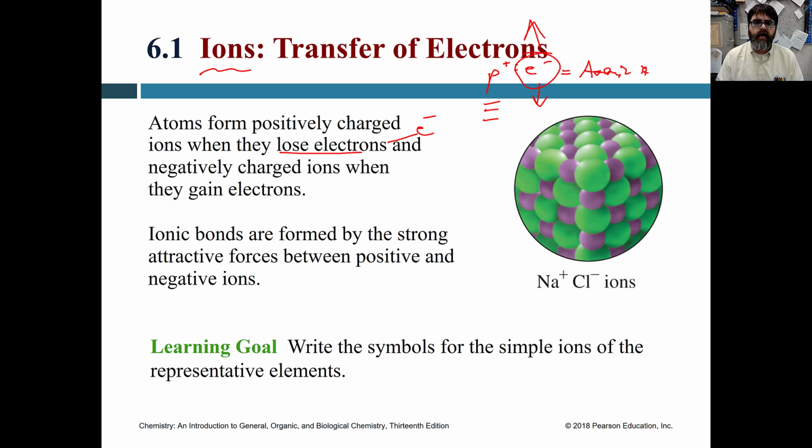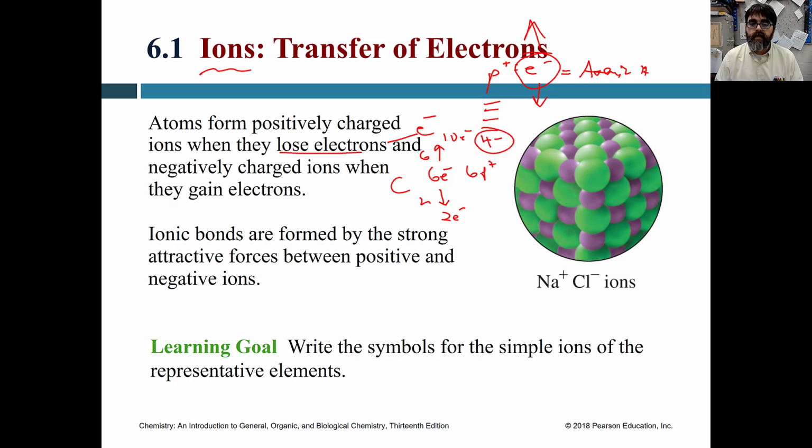So, for example, carbon has 6 electrons total and 6 protons total. It turns out that carbon can gain electrons and end up at 10 electrons, or it can lose electrons and end up at only 2 electrons. When it gains extra electrons, it's gaining negative charge. At 10 negatives and 6 positives, we end up with a 4 minus charge.